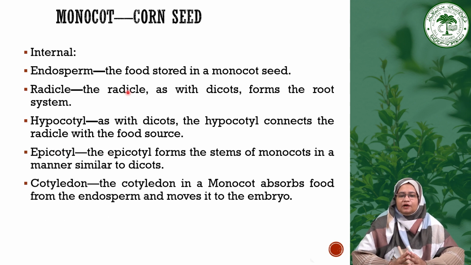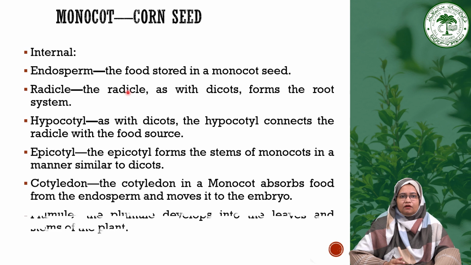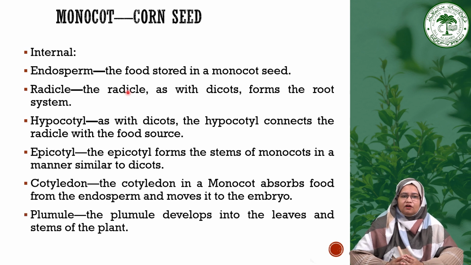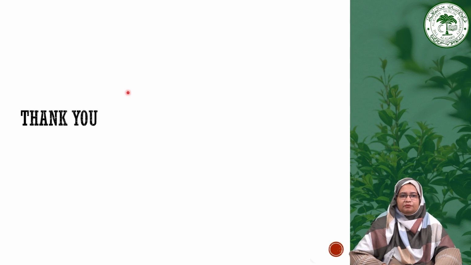The cotyledon in the monocot absorbs food from the endosperm and moves it to the embryo. Monocots have only one cotyledon, which is why they are called monocotyledons, while dicots have two. The monocot seed also has a plumule, which develops into the leaves and stem of the plant.